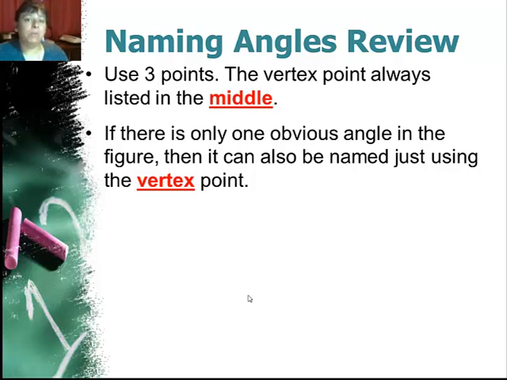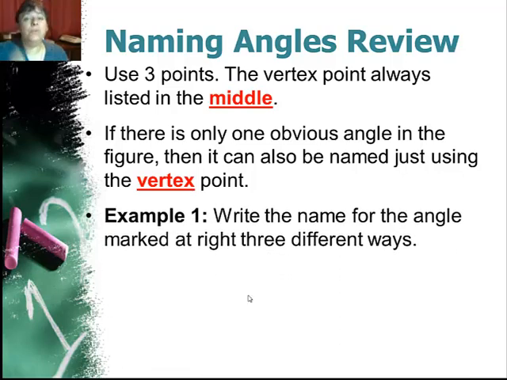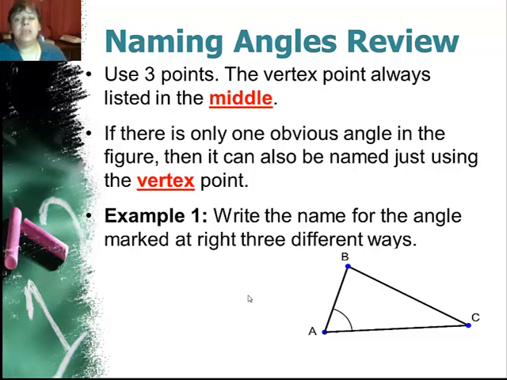In class, we're going to practice using more vertex points. So just as an example, I'd like you to write the name for the angle marked at right 3 different ways. So I marked this angle right here. One way you can name it is you don't start at the vertex, you start at another point. B, then the vertex, A, then C. BAC is one way to write this angle.